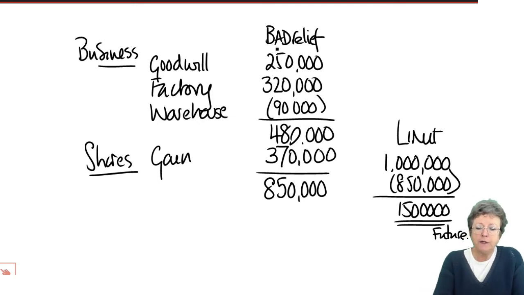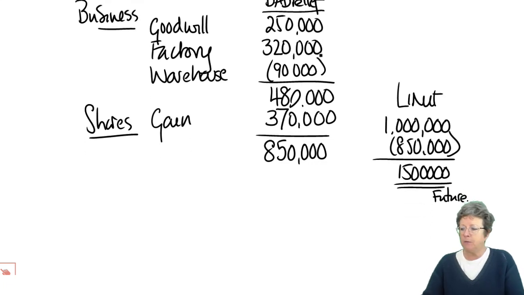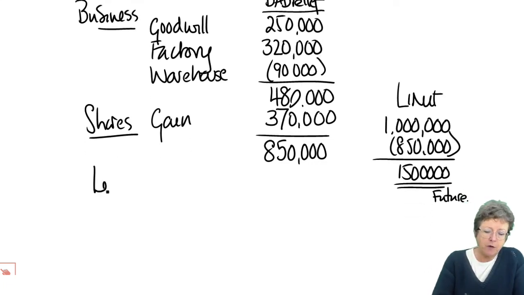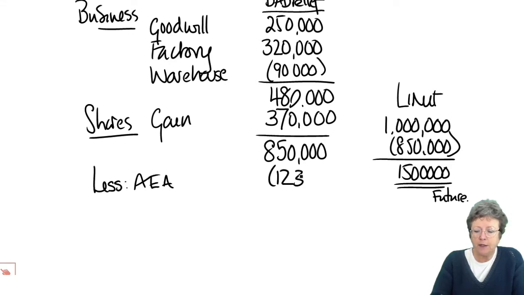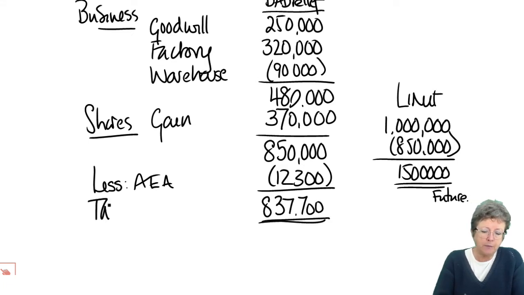So all of these gains, just like we've done before, all of these are added together. We then deduct from there the annual exempt amount. And again, never guess, and we know what it is because we've been dealing with it in the previous chapters. That's the taxable, don't forget labels, taxable gains.